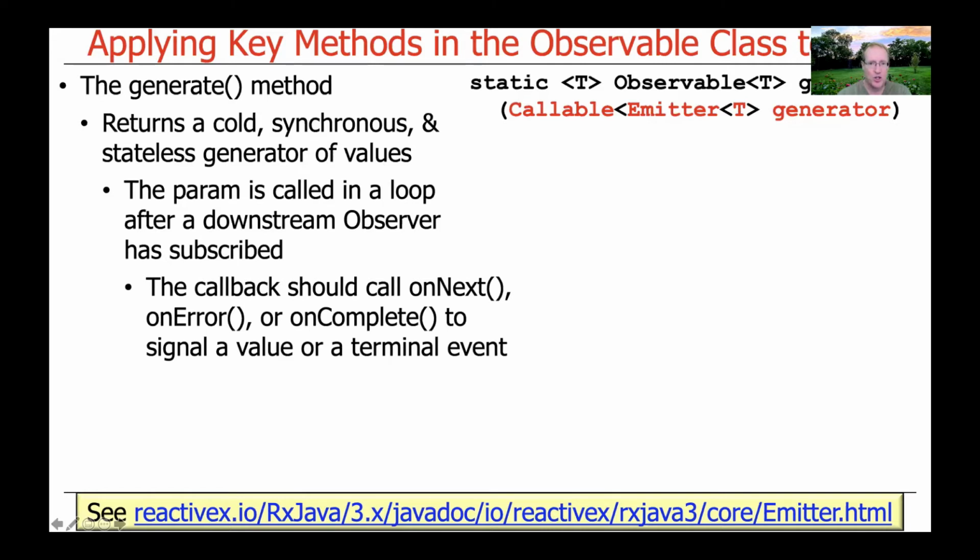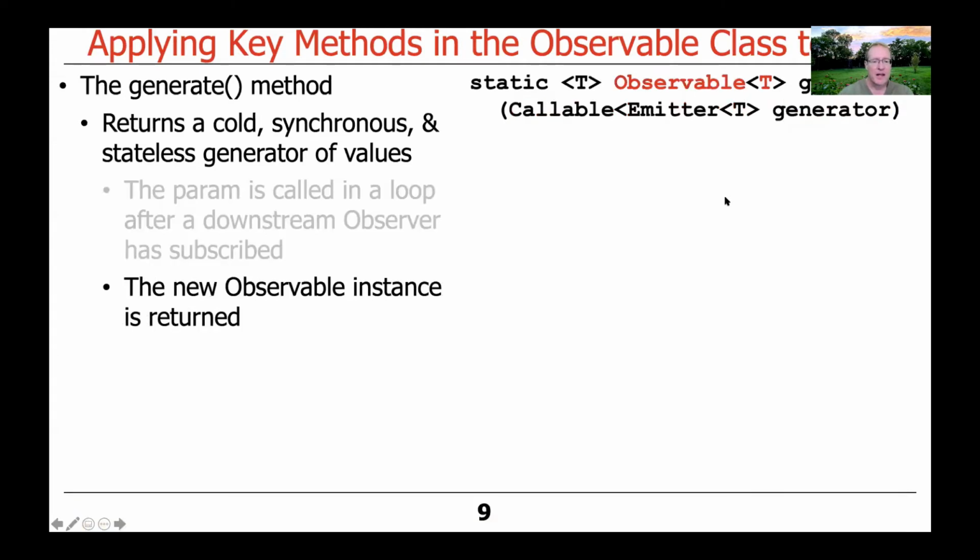And it's going to just keep generating until either it emits a complete, or if you use the take method, as we're going to do here, you can tell it to stop. And what the callback does is it should call on next whenever it wants to emit something, or on error or on complete to indicate that something is finished. A new observable instance is returned, and that, of course, will be fed down the chain to things down the pipeline.